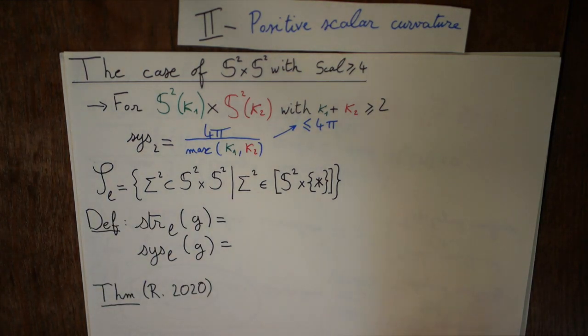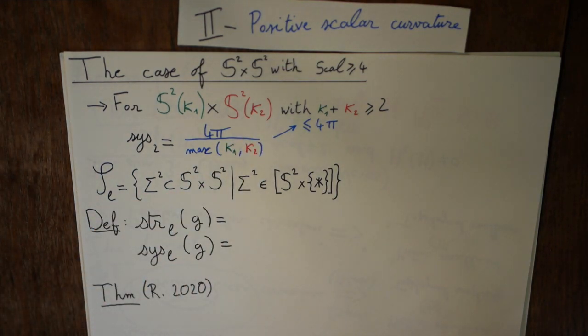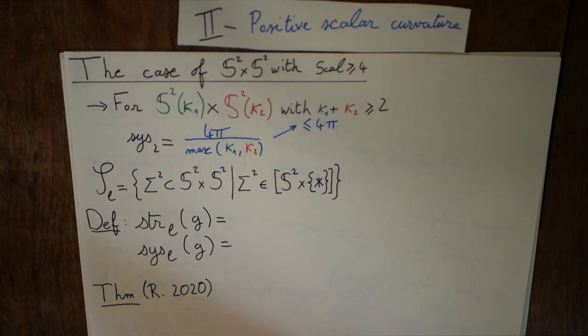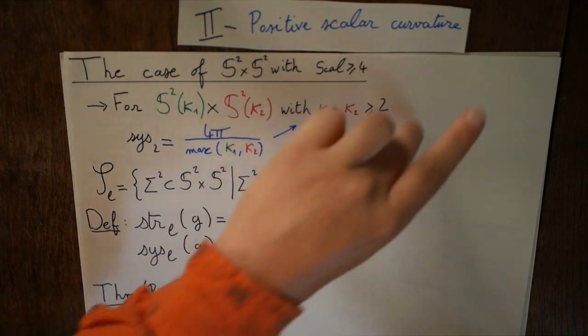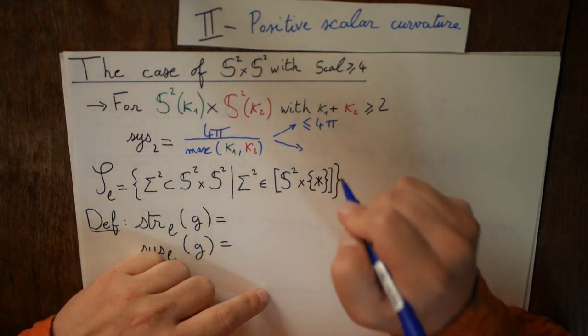But if you make one of the factors really big, which would, for instance, entail making kappa 2 very small, then you will need to make the first factor smaller to ensure this inequality.